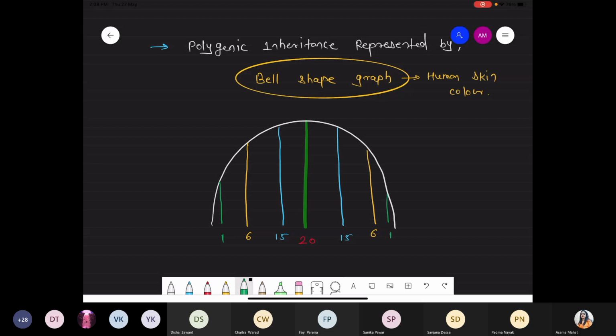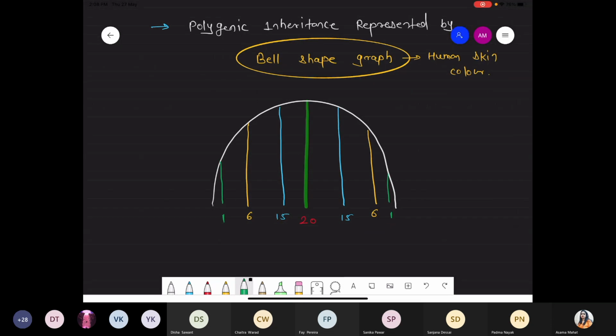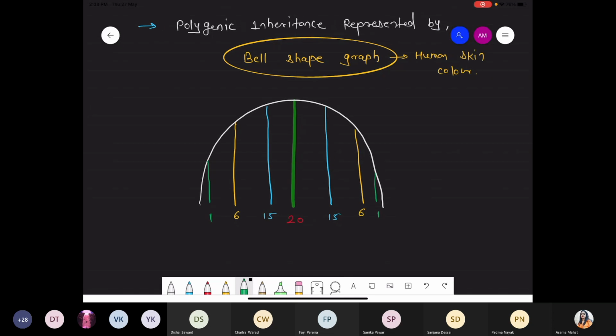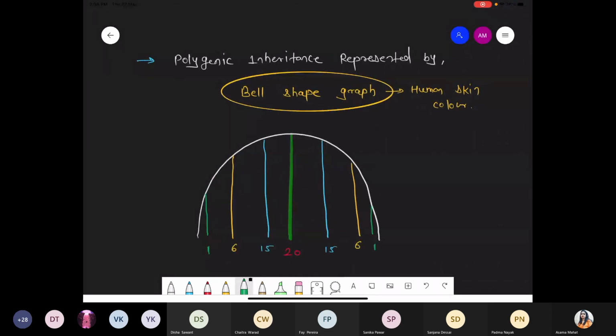So do you understand? Bell shaped graph means these are the human skin colors, and the maximum, whatever we are talking about, 20, these are the intermediate color, or you can say people who have the intermediate skin tone. They are maximum in number, but when we go towards the left-hand side as well as the right-hand side, the number of progeny with respect to that particular color gets decreased.